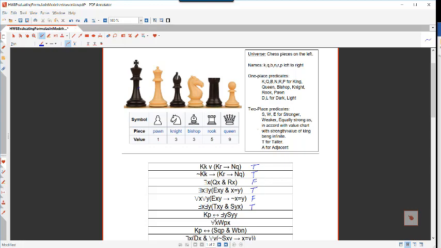Okay, now the next formula is a biconditional, and it says the pawn is king if and only if there exists a y such that y is stronger than y.